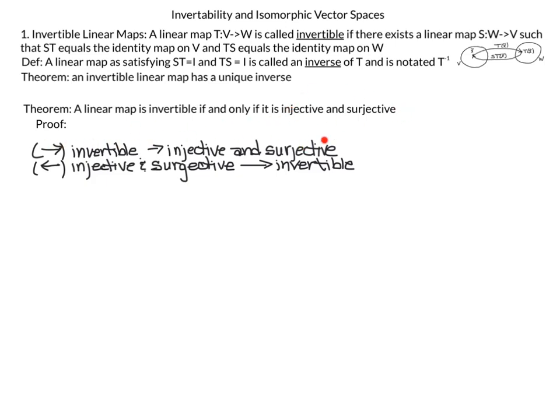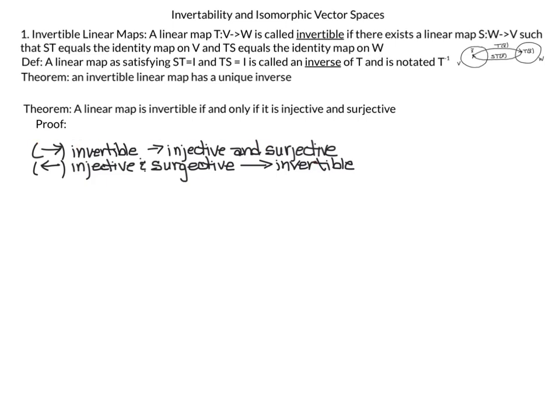So that's the forward direction. The backwards direction takes this part here and says if it's injective and surjective, then the implication going the other way is that it's invertible. Again, injective and surjective implies invertible.